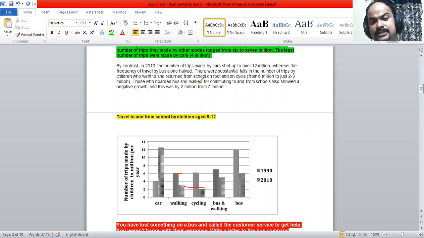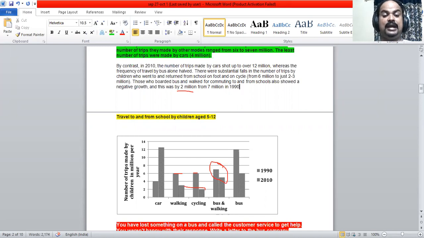Those who boarded a bus and walked for commuting to and from schools also showed a negative growth, and this was by 2 million from 7 million in 1990.